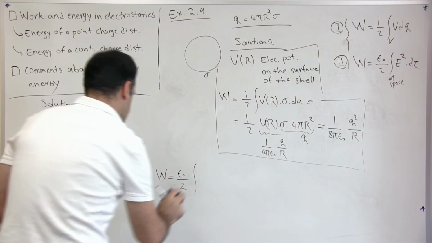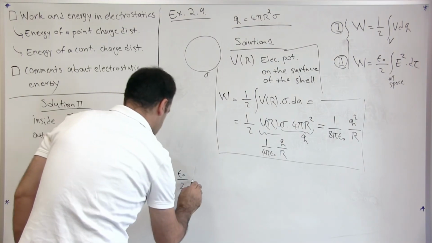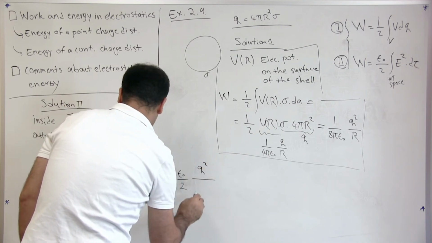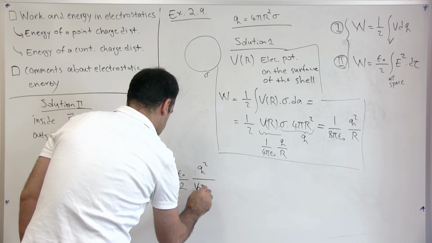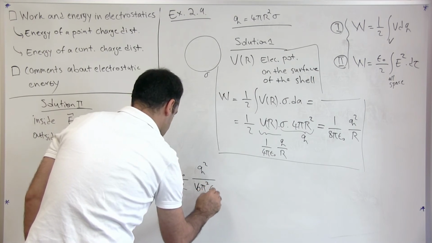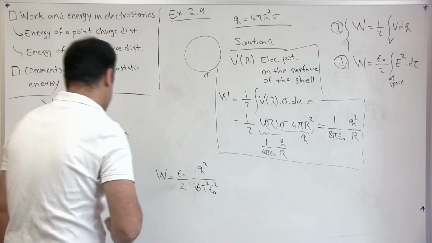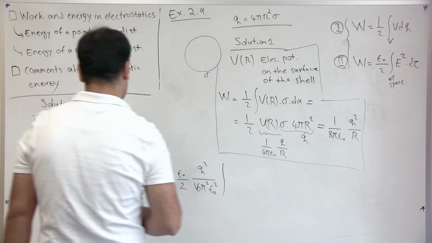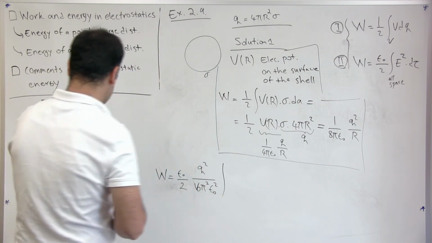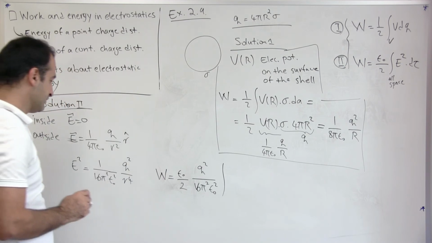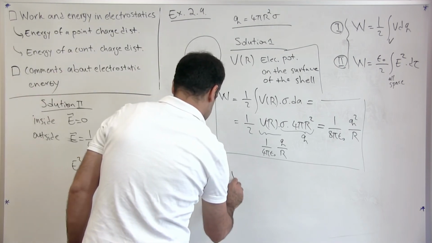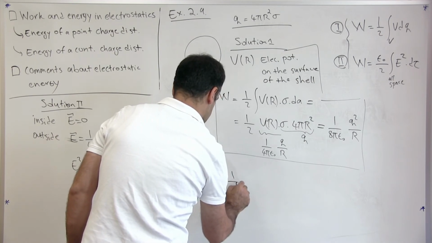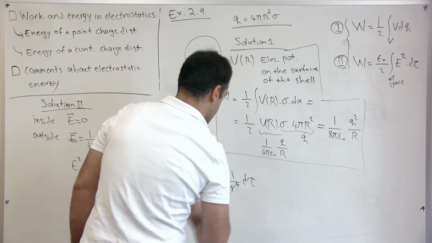We have a bunch of constants, so let's write them separately outside the integral: Q squared over 16 pi squared epsilon 0 squared, times the only R-dependent term, 1 over R to the power of 2, times d tau.